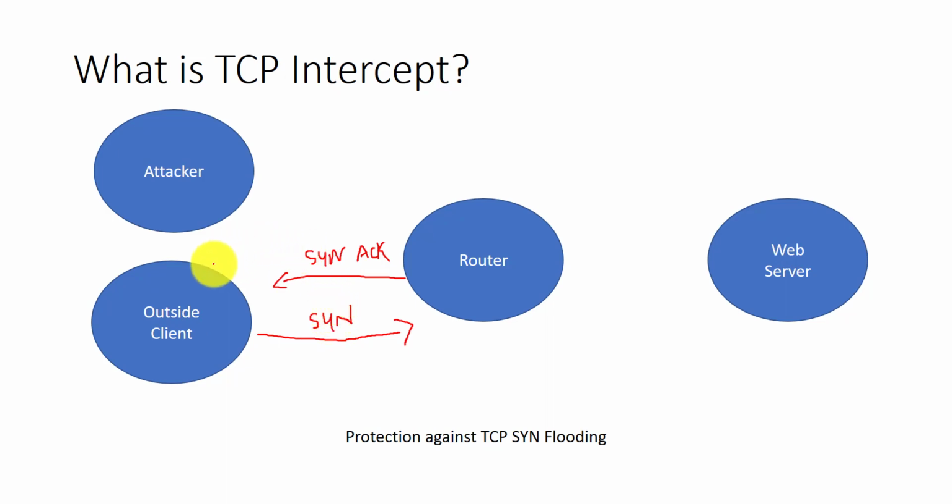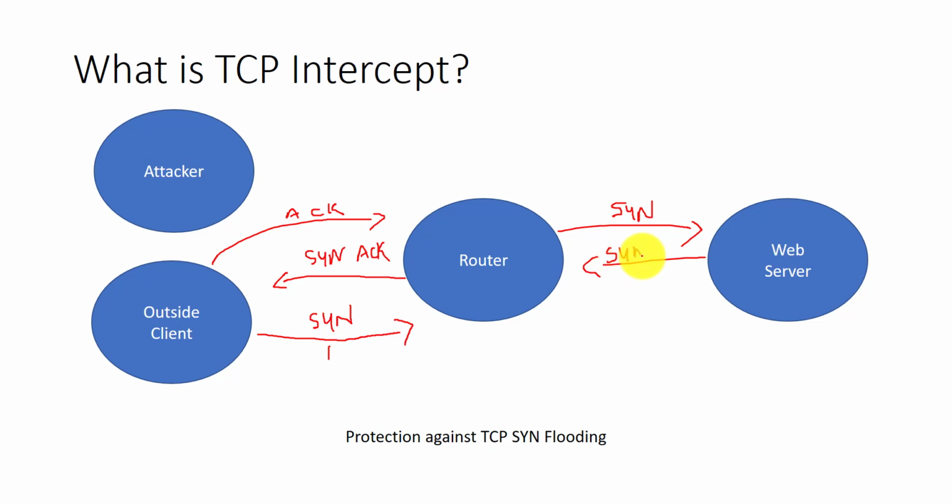Then when the acknowledgement with the legitimate traffic comes back, the router sends the original SYN from this request on to the server for the original session, and the TCP intercept software performs the three-way handshake with the server.